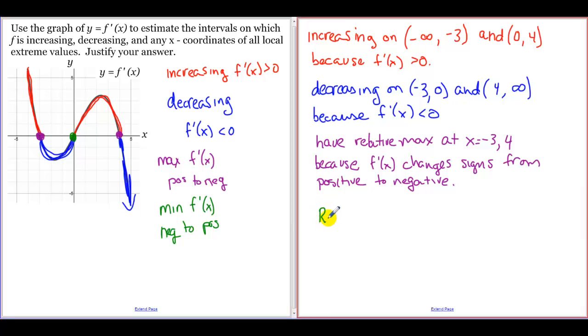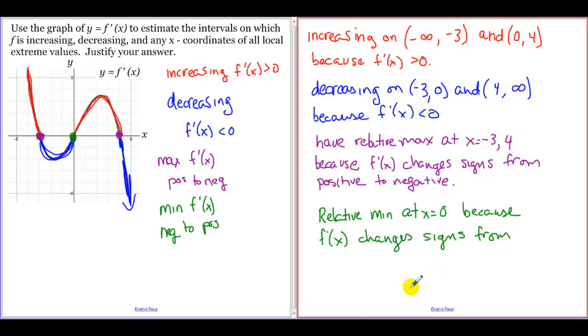So we have a relative min at x equals 0 because f prime of x changes signs from negative to positive.